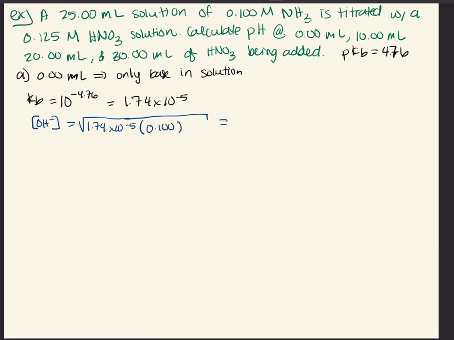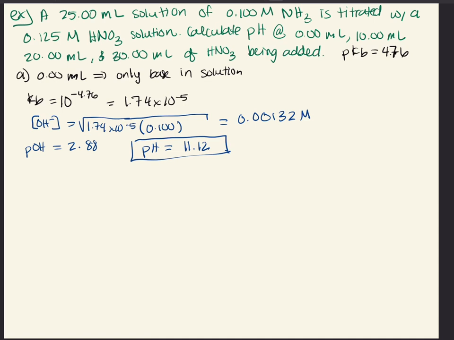And when I do that, I get 0.00132 molar. So I can plug that into my pOH equation, and that gives me 2.88. And when I calculate the pH from that, I get 11.12. So my initial pH is 11.12, which makes sense because it should be basic.